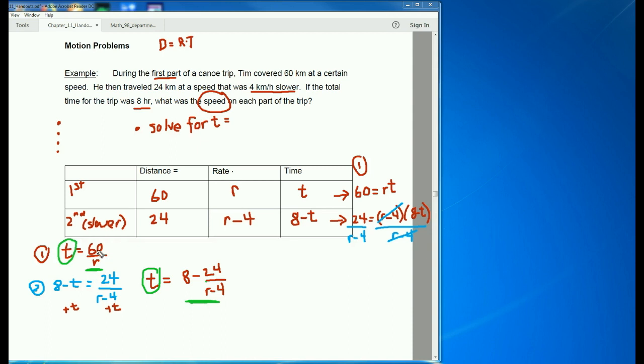So I've got 60 over r is equal to this stuff: 8 minus 24 over r minus 4.